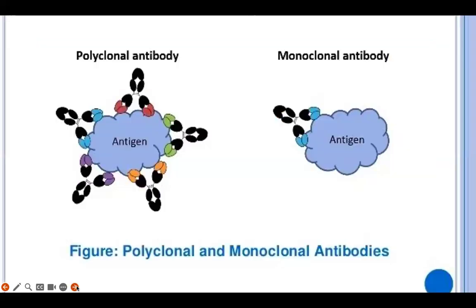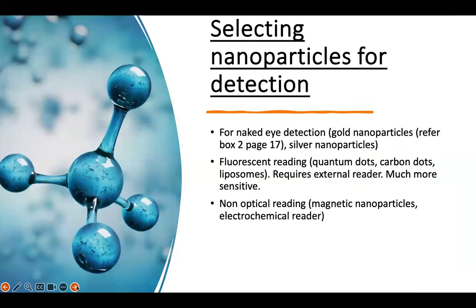The difference between polyclonal and monoclonal, I skip, and go straight to the nanoparticles. From the tutorial, you can read about gold nanoparticles on page 17, and we can also use silver nanoparticles, and fluorescence-based nanoparticles such as quantum dots and carbon dots.